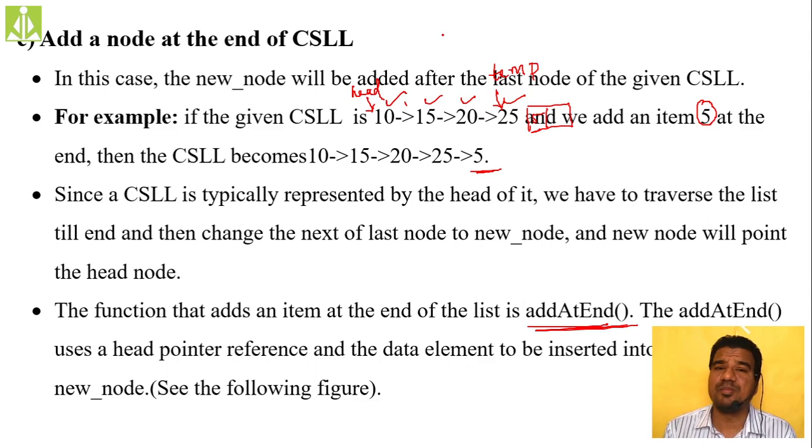Of course, the time complexity is increasing, but we can't waste the memory. Wasting the time is to some extent acceptable, but wasting the memory is not acceptable. So today one student came saying, sir, we have to maintain a temporary pointer to the last node. Another day one more student will come and say, sir, if we maintain another pointer in the middle, it will make our algorithm more efficient.